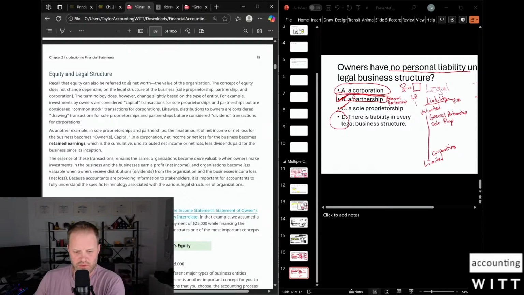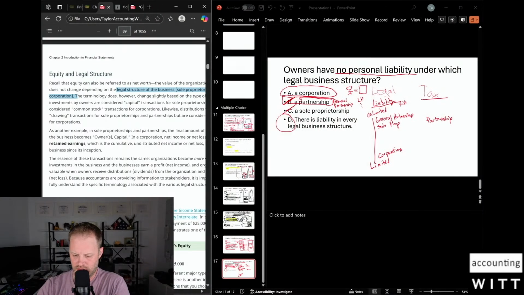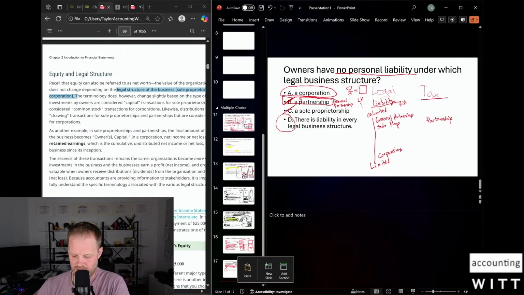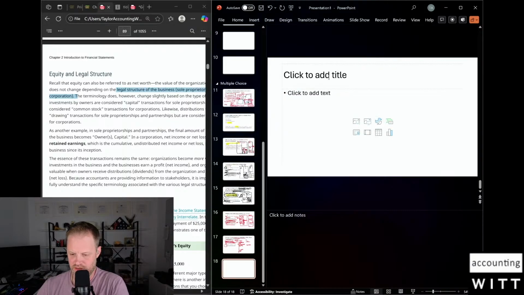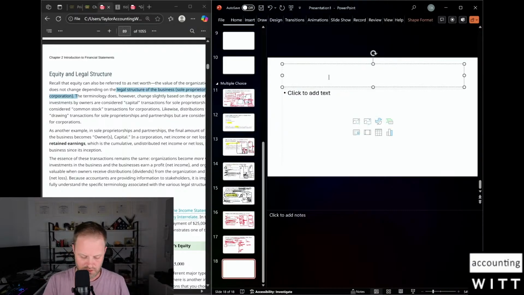The concept of equity does not change depending on legal structure. That's right. But in different legal structures, it will be called different things. I think it would actually be cool to make a graphic that explains that, because that's something usually overlooked.